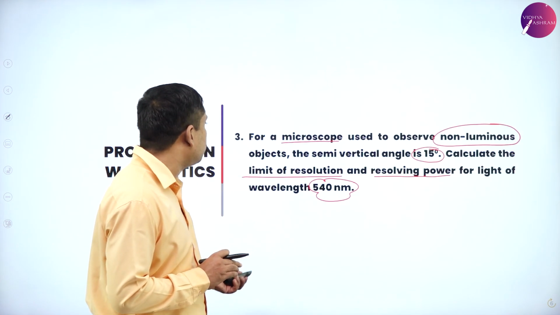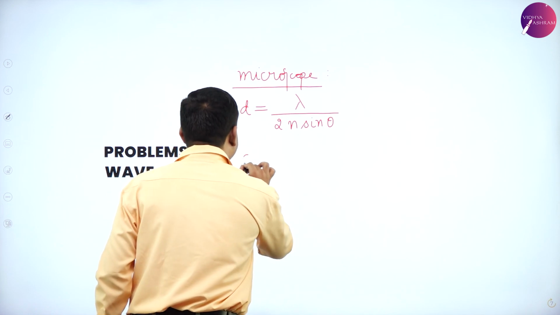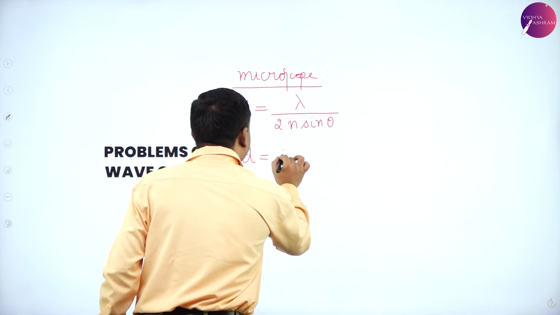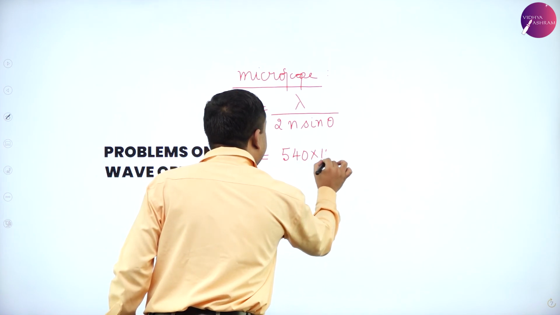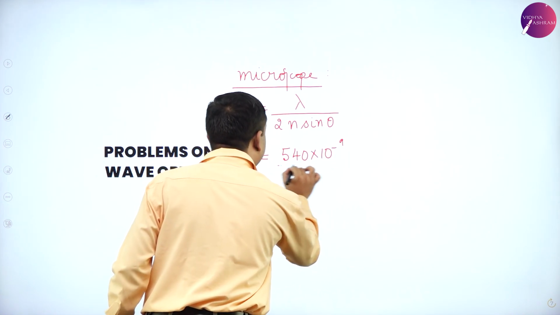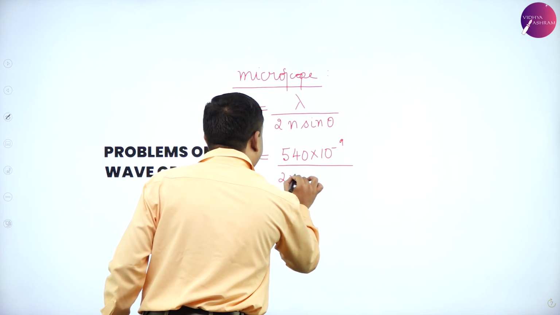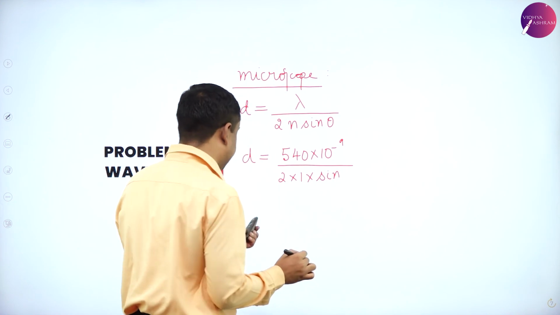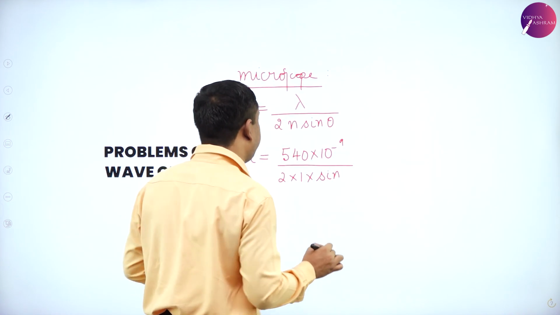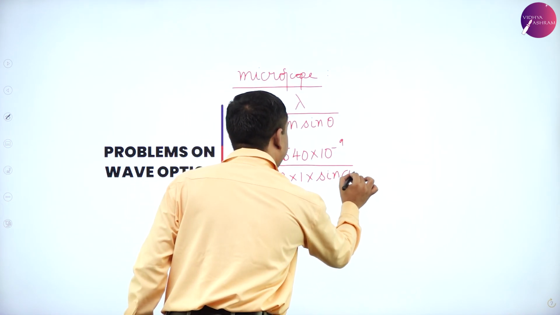So on substitution, this is 540 into 10 power minus 9, 2 into 1 into sine theta, where theta is 15 degrees.